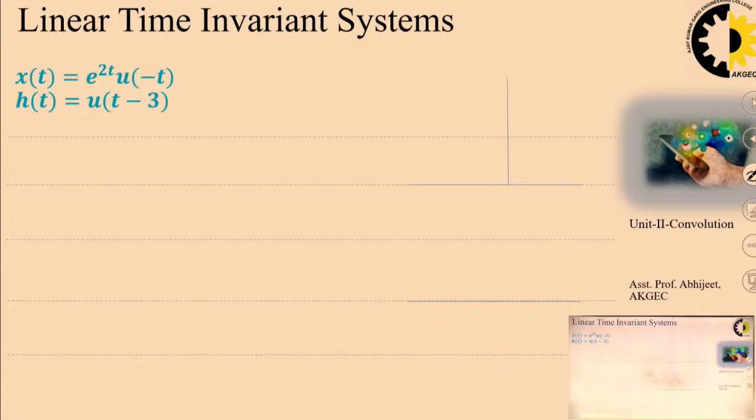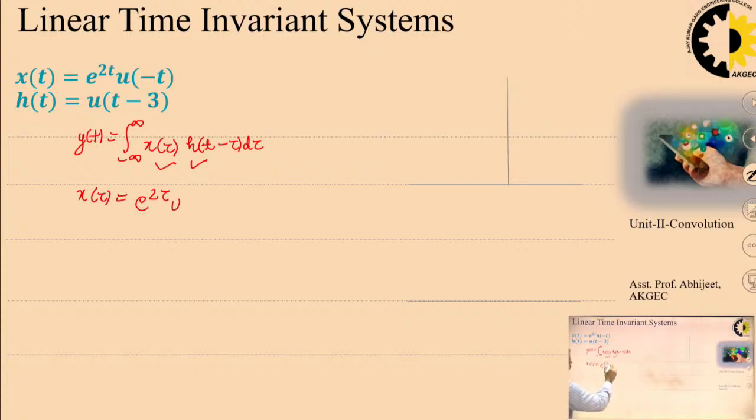So first of all, I have two signals. Remember, the output y of t will be the integral from minus infinity to plus infinity of x of tau h of t minus tau d tau, correct? So we need basically x of tau and h of tau. X of tau is straightforward, e raised to the power 2 tau u of minus tau, and because of u of minus tau, it will exist for tau less than or equal to 0.